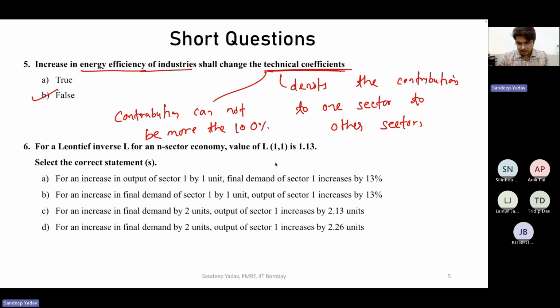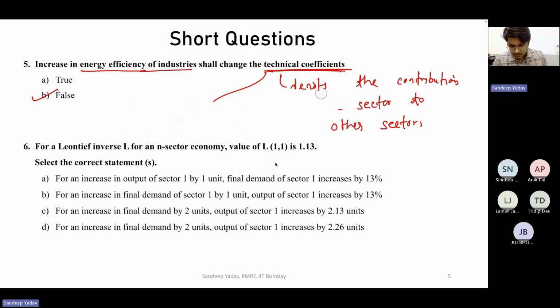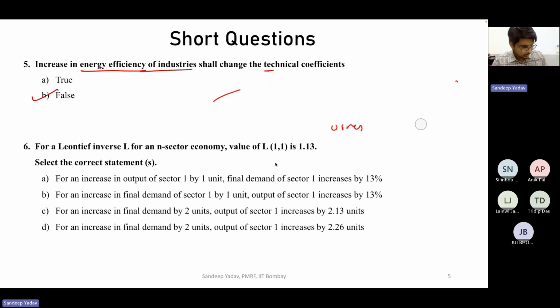I just gave a wrong explanation for the previous question. That was related to whether the technical coefficient may or may not be greater than one, and I confused the two questions.